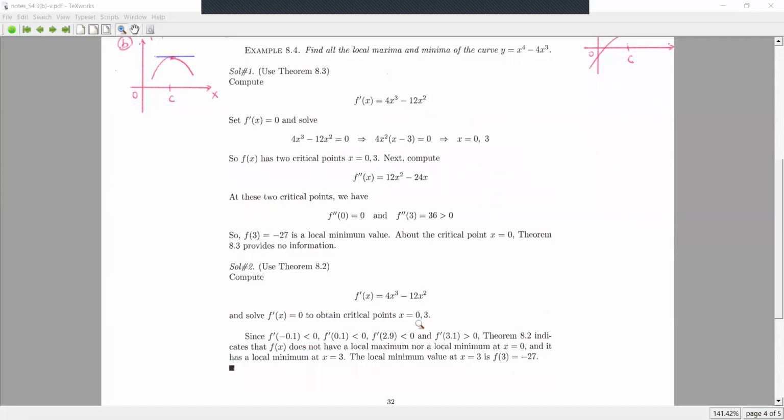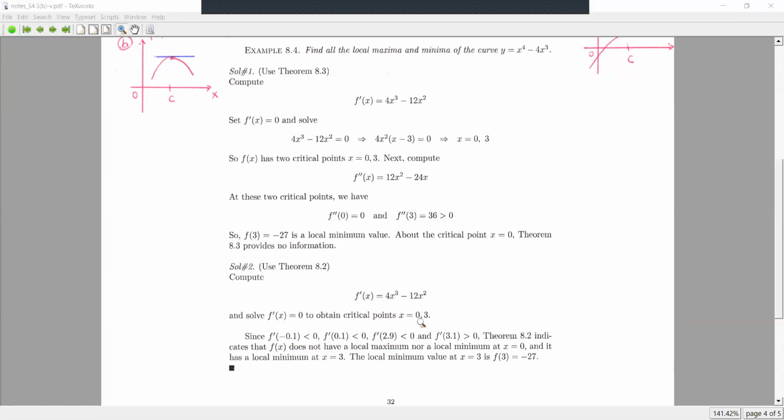Now, at the critical point 0, I want to know whether or not the derivative changes sign at 0. To the left of 0, I pick a point, say negative 0.1, and evaluate the derivative there. Plugging in negative 0.1 for x, I get a derivative less than 0.